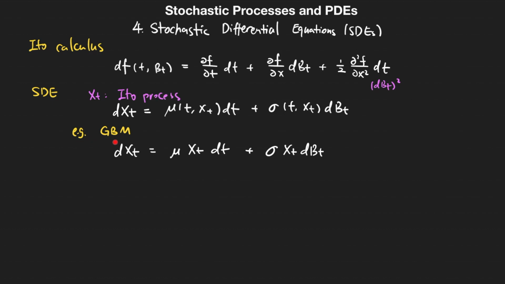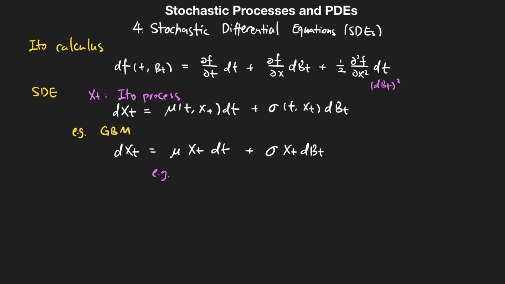One famous example is the stochastic process for the stock price given by the geometric Brownian motion. If you think about xt as the stock price, both the drift and the fluctuation are proportional to the stock price xt. So you can think of it as a percentage drift and percentage fluctuation.